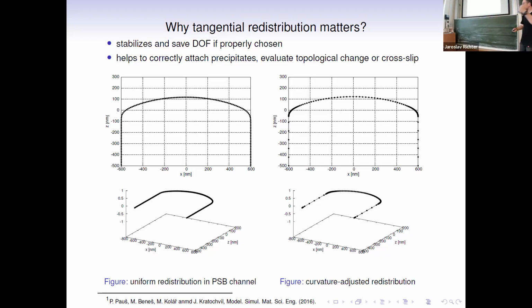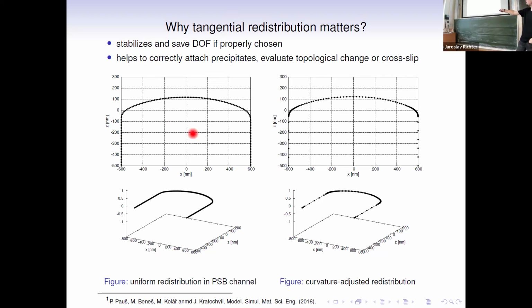This is a problem with numerical stability, and also when we consider, for example, topological changes, interaction of one dislocation with another, or interaction of the dislocation and a precipitate. So what we want to achieve is a stable scheme which saves some degrees of freedom. If we can prescribe this tangential velocity smartly, it can help us redistribute the discretization points as we need.